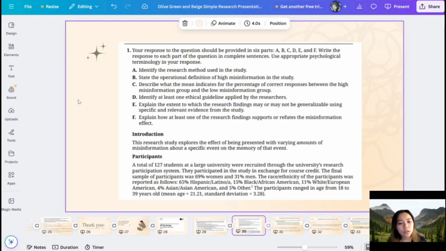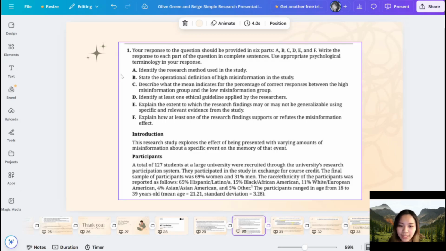The participants were a total of 127 students at a large university, recruited through the university's research participation system. They participated in the study in exchange for college credit.